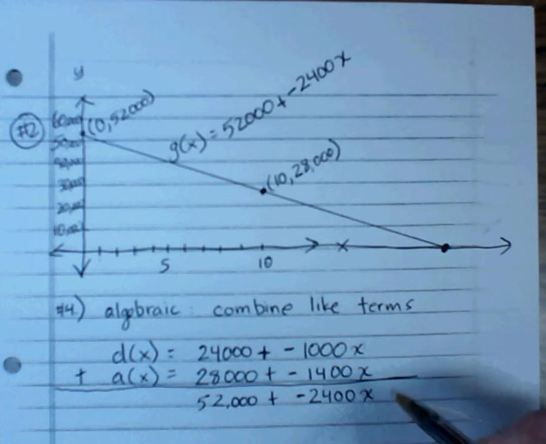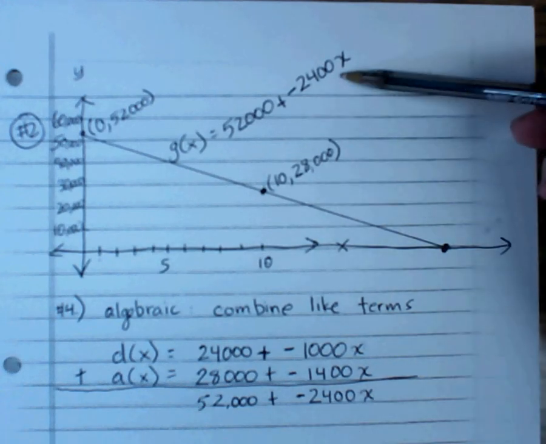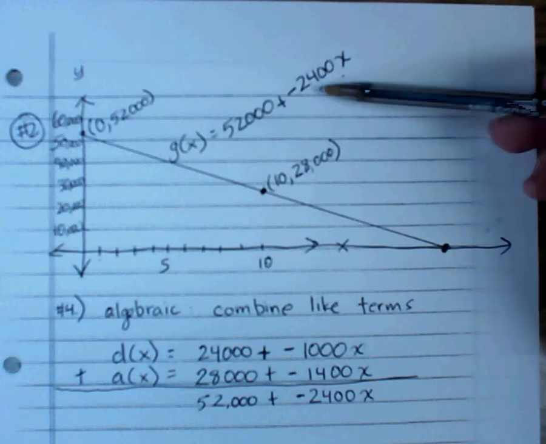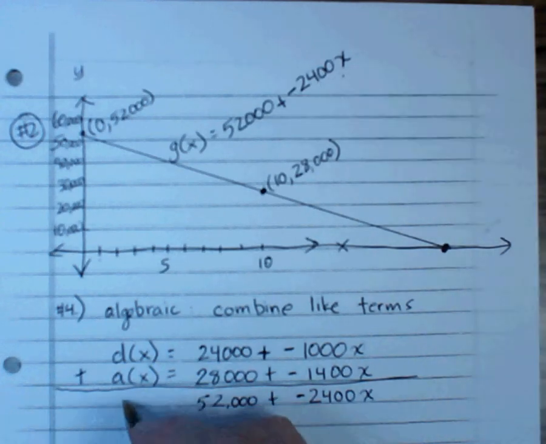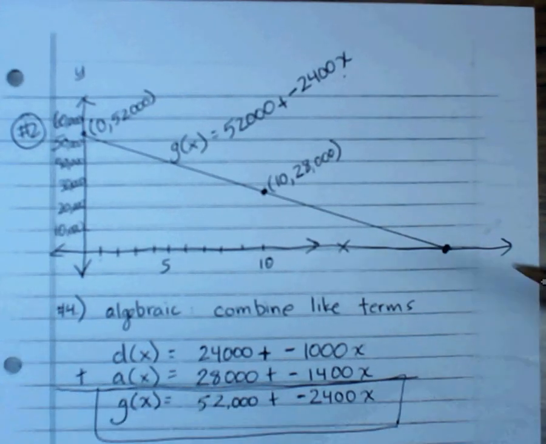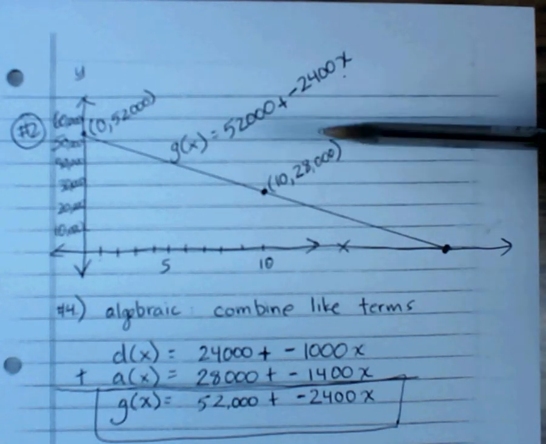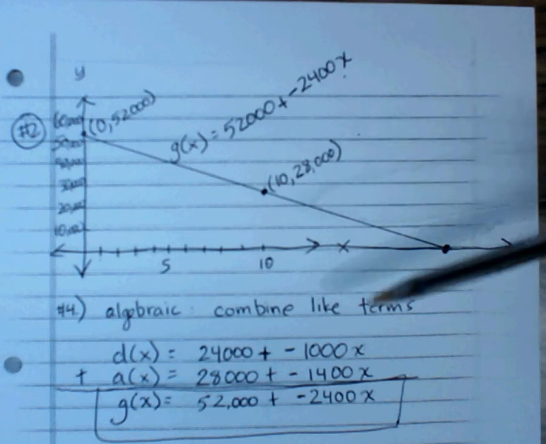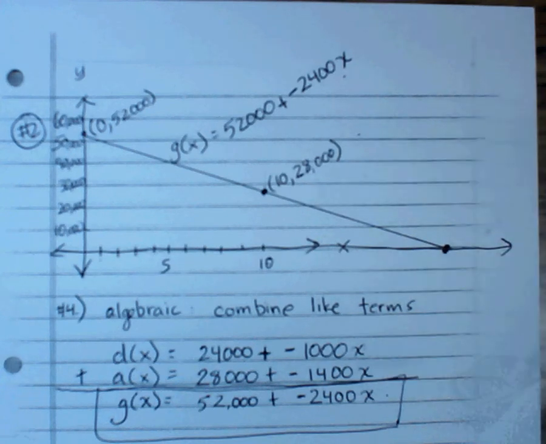And yes, if you look back to our equation that we wrote in problem 3, and I copied here, this is g of x. So yes, they do come out the same, and that certainly makes sense. So the reason we're doing this is that there's two different ways to show what it means to add functions together. Okay.